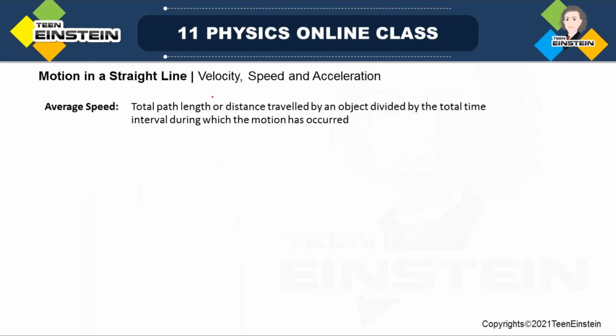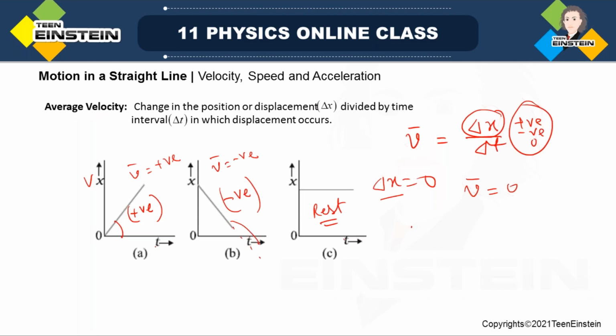So now we'll be learning what is average speed. You might be thinking, sir, you told that we'll be discussing velocity, suddenly you have brought average velocity, then you are now bringing average speed. What does it mean?